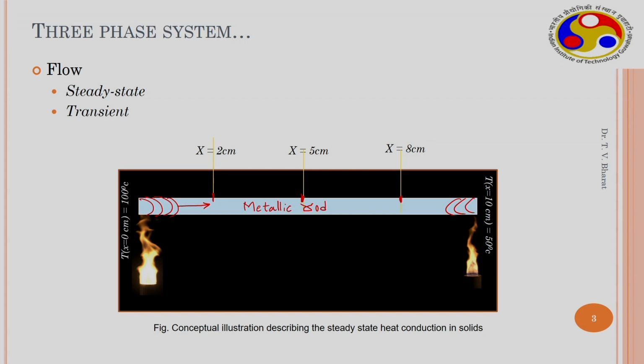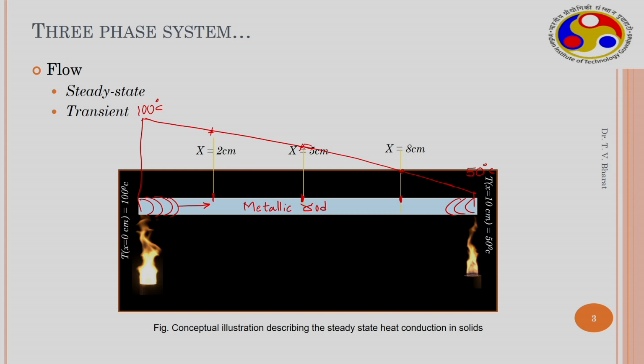But after some time you would observe that the temperatures do not change at these locations and they are constant, because here 100 degrees is maintained at any given time and here 50 degrees is maintained at any given time. After this particular time, the temperatures at any given location are constant, so that particular state is called steady state, which is time invariant.